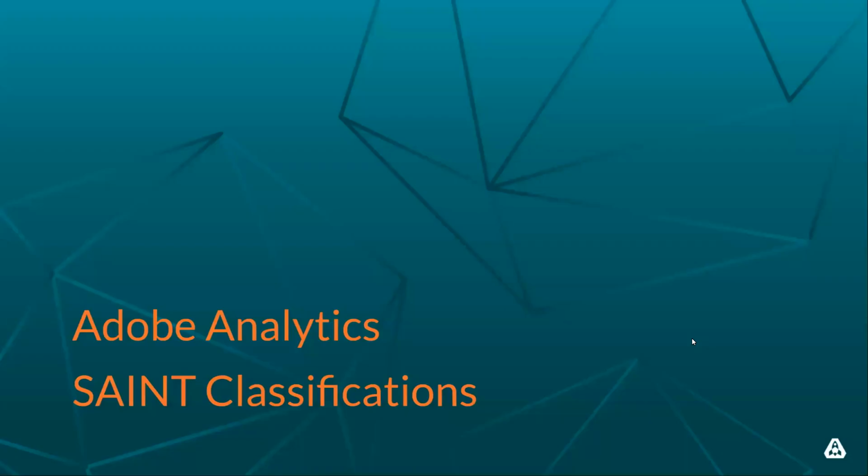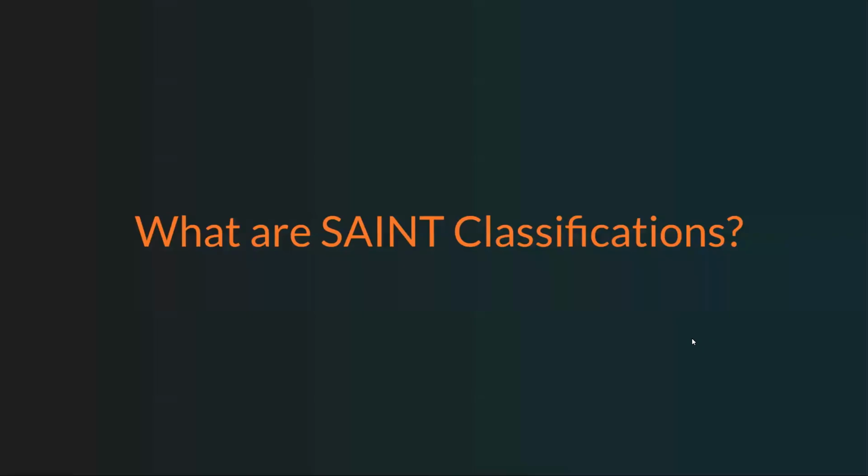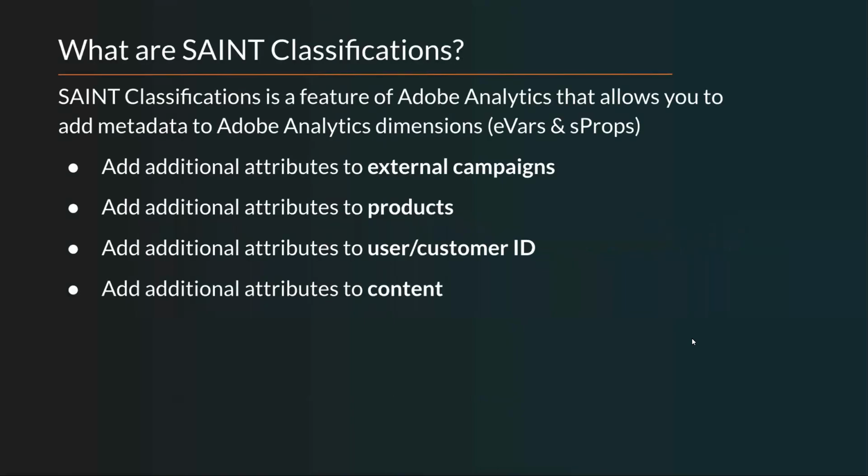Okay, so let's talk about Adobe Analytics and Saint classifications. What are Saint classifications? Saint classifications is a feature of Adobe Analytics that allows you to add metadata to Adobe Analytics dimensions. Those dimensions obviously are eVars and sProps. Saint classifications really have no bearing on success events.